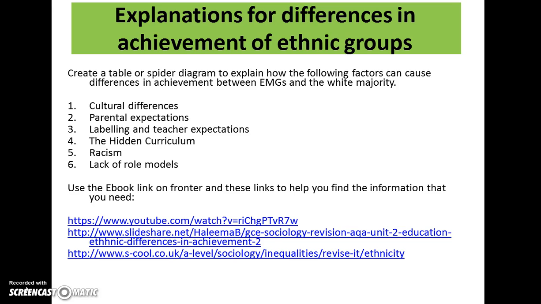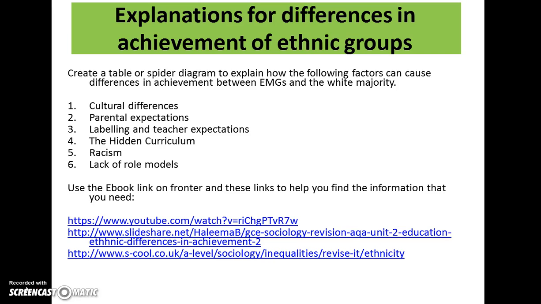I then want you to do a bit of research. You need to think about how cultural differences, parental expectations, labelling and teacher expectations, the hidden curriculum, racism, and lack of role models have all caused ethnic minority groups to underachieve and also achieve differently to the white majority. As we know already from looking at the data, some ethnic minority groups actually achieve higher.